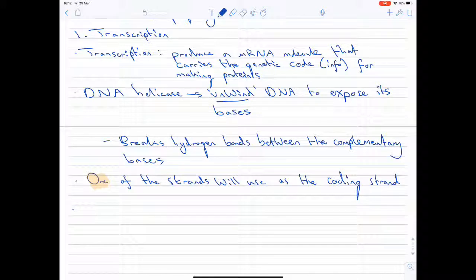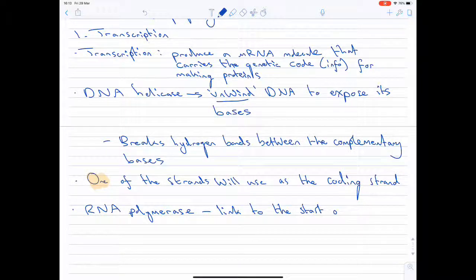Right. So once we've got our strand, we're going to introduce another enzyme called RNA polymerase. This is basically going to link to the DNA, or to be more specific, to the start of the coding strand. So we've got this enzyme called RNA polymerase attached to the start of this coding strand.